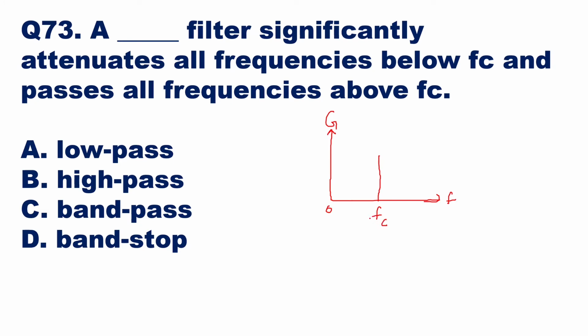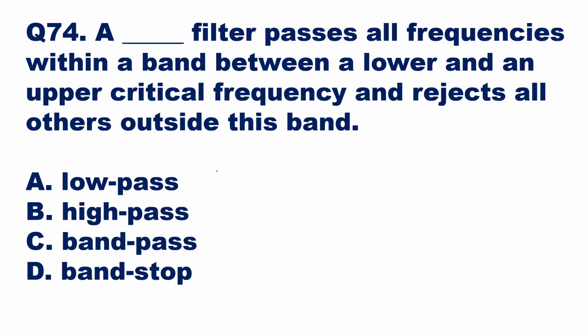It is going to attenuate all frequencies below FC and pass all frequencies above FC. Attenuate means stop band, and this will be your pass band. This is how it is going to look, and this is the response for a high pass filter. It passes all the frequencies above the cutoff frequency. So the option high pass will be the right answer, answer B. Then we'll see question number 74.